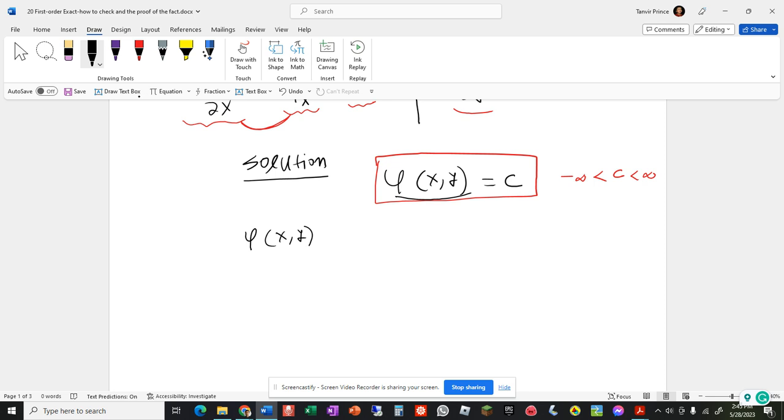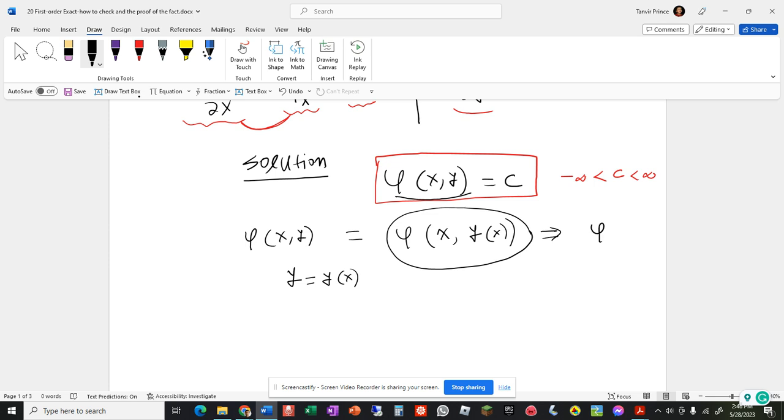But remember, y itself is a function of x. So I can rewrite this as x comma y, but y itself is a function of x. We should not forget that.